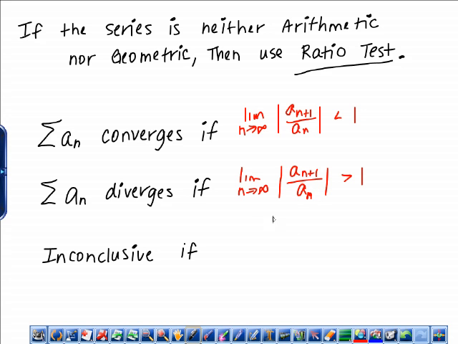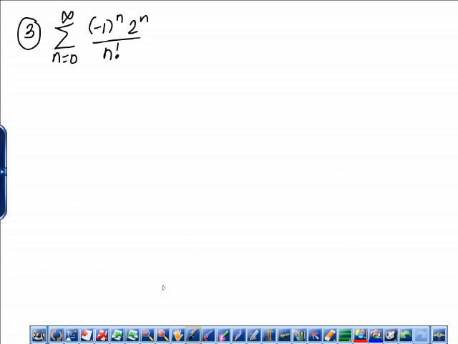Now, this test actually doesn't work all the time. This test is inconclusive if this limit equals 1. So it's possible that this limit could equal 1, and in reality it could be a converge situation or a diverge situation. You won't know. There are other tests. Today we're only learning about this ratio test. Okay, so for today, some of these we just won't be able to do.